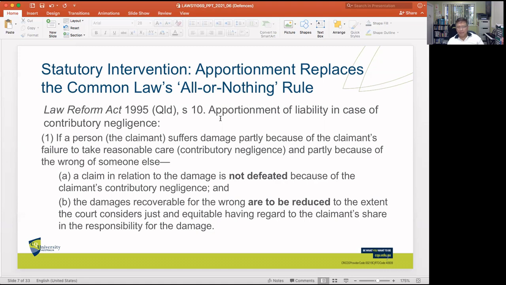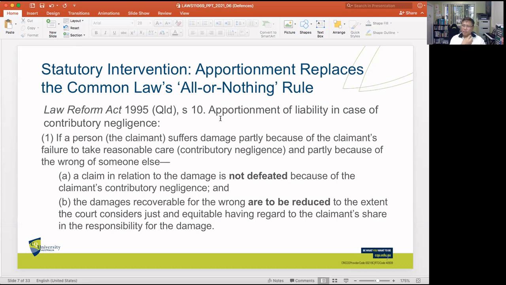So if a person, the claimant or the plaintiff, suffers damage partly because of the claimant's own failure to take reasonable care, so in other words, there was contributory negligence, and partly because of the wrong of someone else, then a claim in relation to the damage is not defeated because of the claimant's contributory negligence. So in that particular section, Section 10(1)(a), the all or nothing rule embodied in common law has been modified.